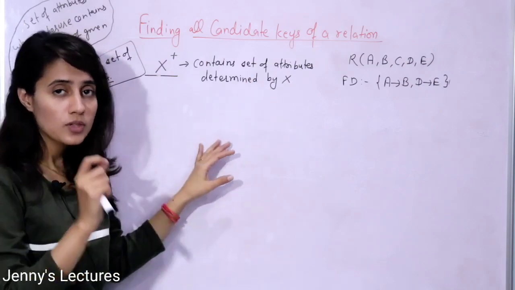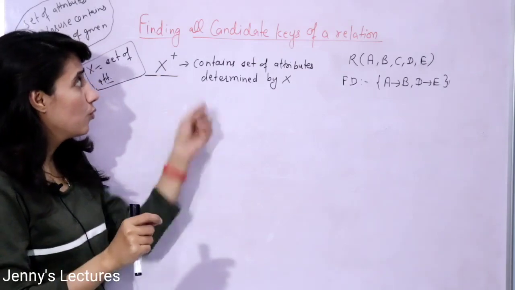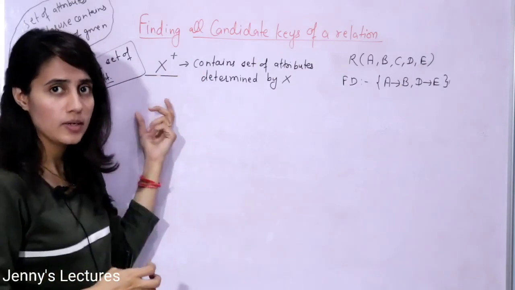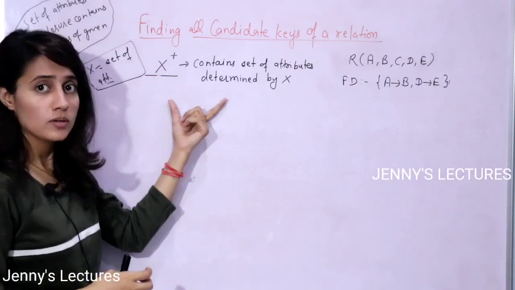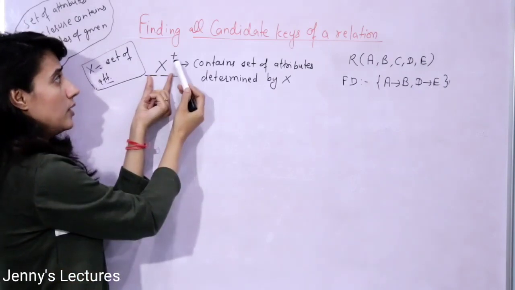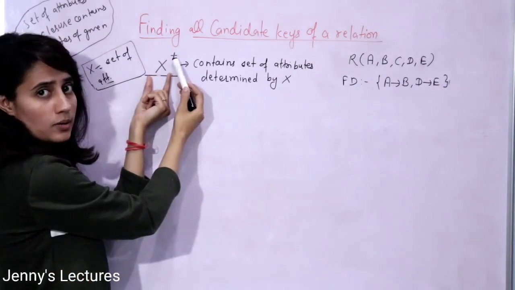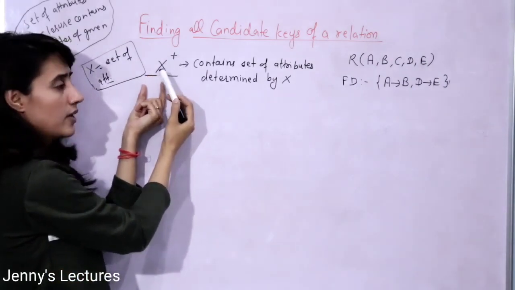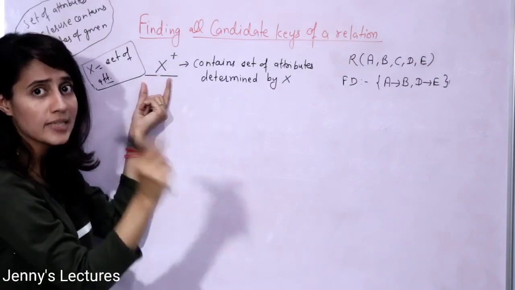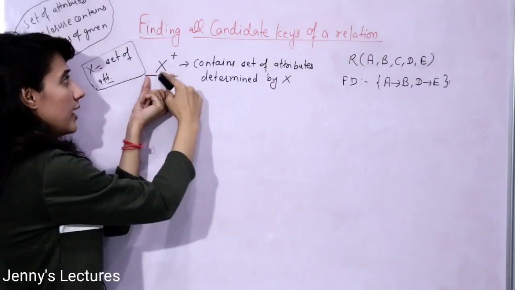Because the prerequisite of this video is what? You should know what attribute closure is and how to find it, and what a super key is. Here I have written attribute closure. We denote it with a plus in the power: if X is an attribute, then the closure set of X is denoted X plus.